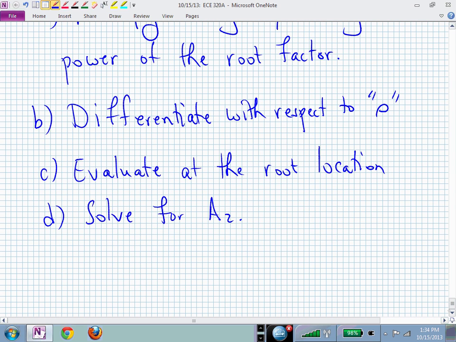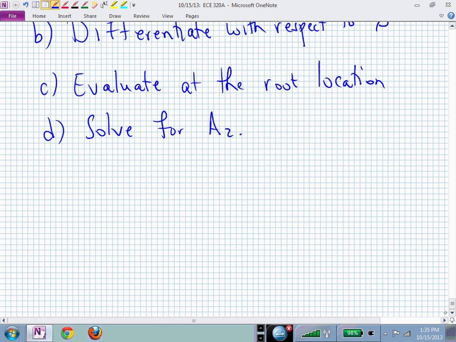Let's see what this looks like in an example. Step A. We multiply through by the highest power of that factor. That's what we have on the left. And then on the right, what do we have?